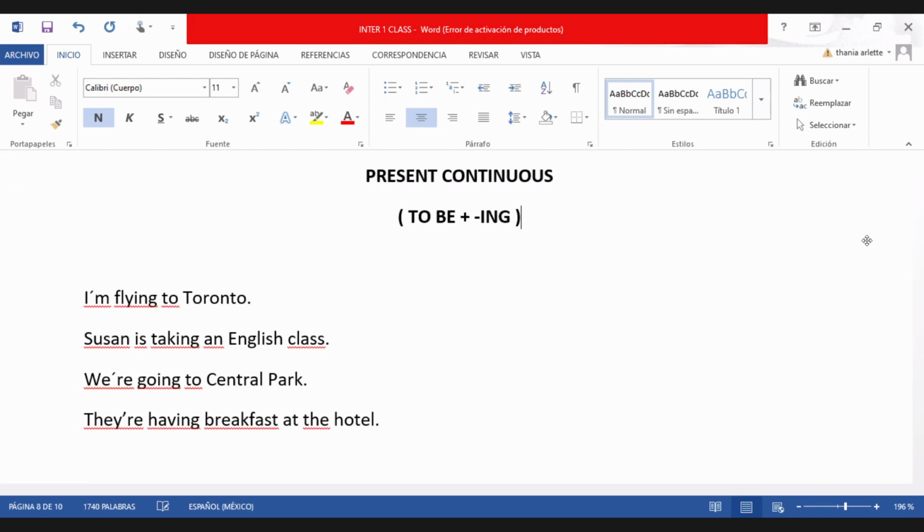That's why we can identify it. For example, in the first one, the verb to be is am with a contraction, no problem, long form or contraction, and then the verb in the ing, I'm flying. The next one is because my subject is a third person, and then taking ing, then are, we are going. And finally, are again, are having. So all of them have these two elements, the verb to be and the ing form.